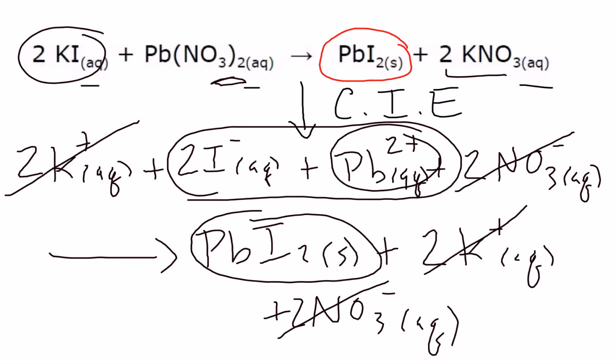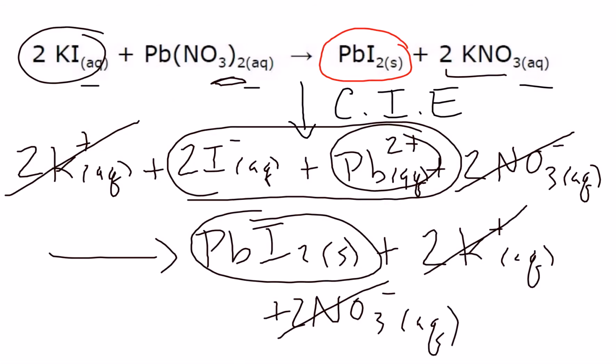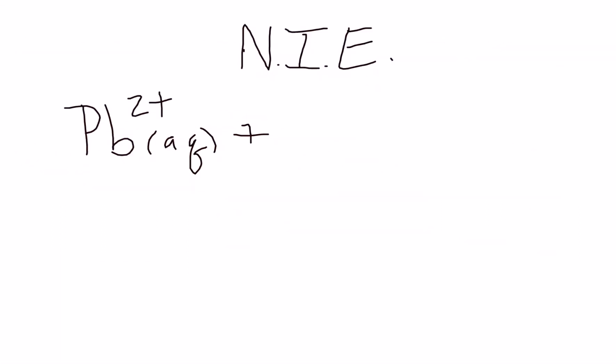We have 1 lead ion, Pb2+. It's in an aqueous state, it's a reactant. Plus, if we go back, we have 2 I- that are aqueous. So we have 2 of our I-, it's aqueous.